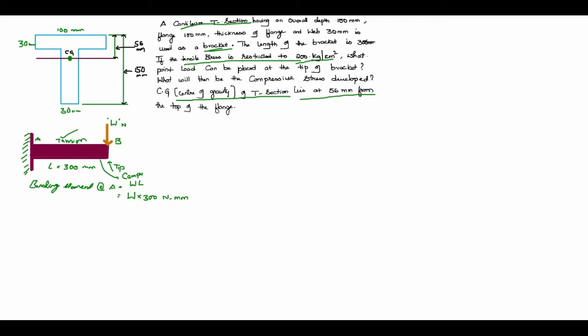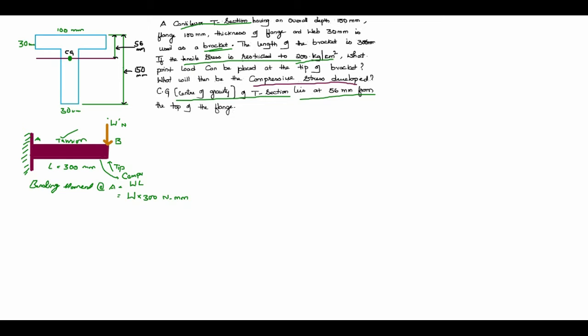He has given you the maximum tensile stress that is allowed, which is 200 kg per centimeter square, and he asked you to calculate what is the compressive stress developed. Where will the compressive stress develop? Below the neutral axis in a cantilever beam, right? And where will be the maximum compressive stress?